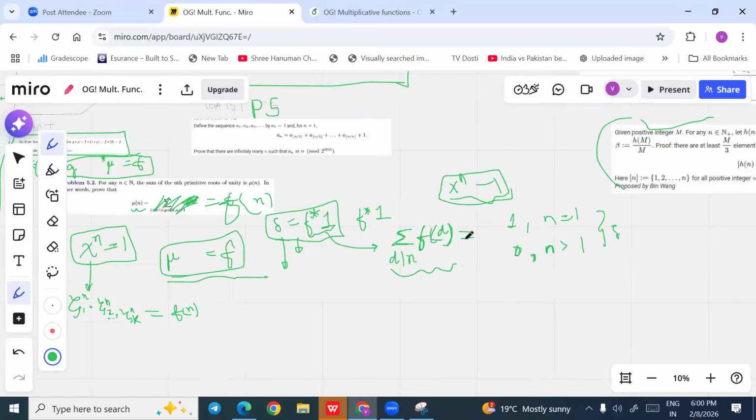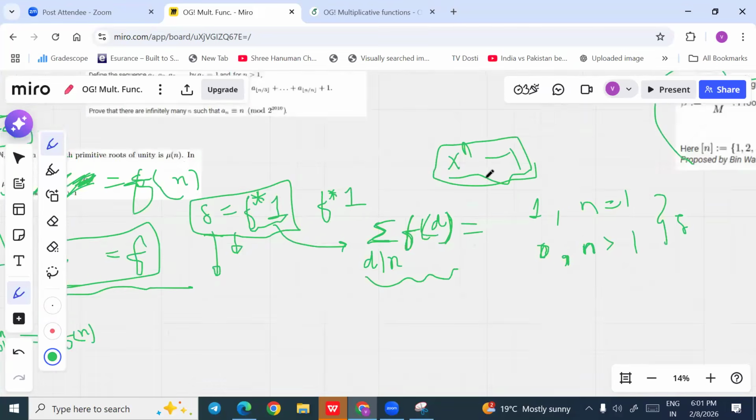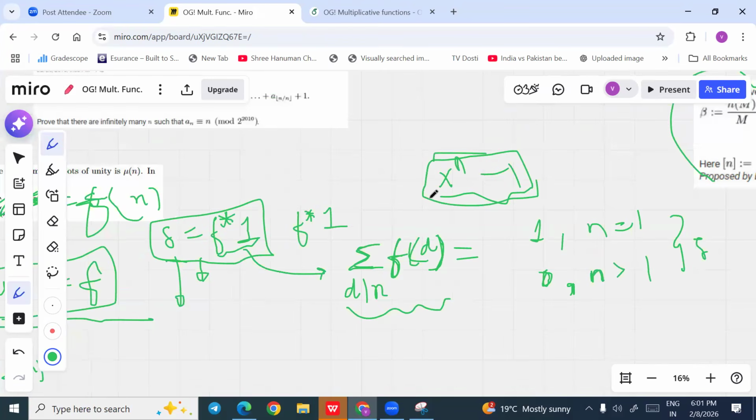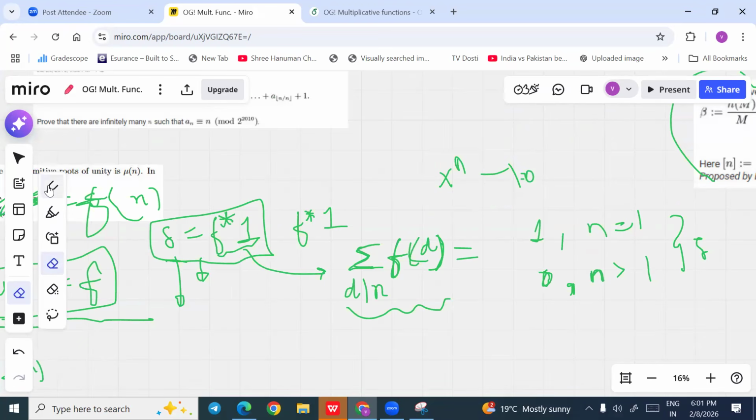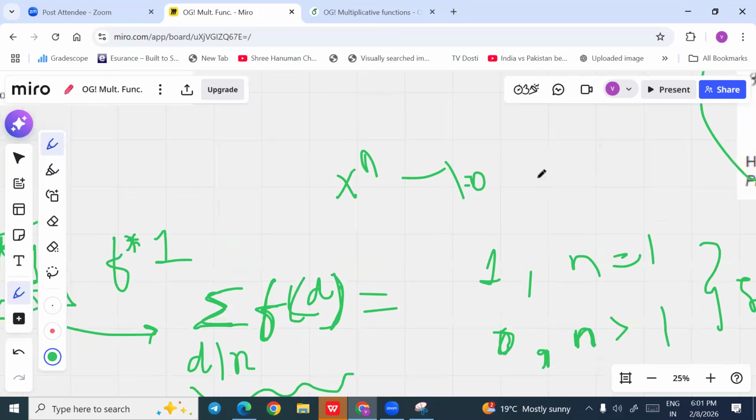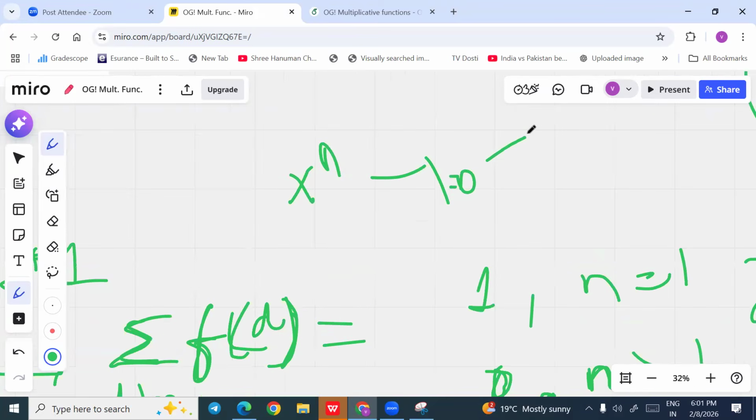But now if you observe, what is the sum of roots of this equation, x^n minus 1 is equal to 0? So what will you get as the sum of roots of this equation? Can anybody answer it? What's the sum of roots of this?